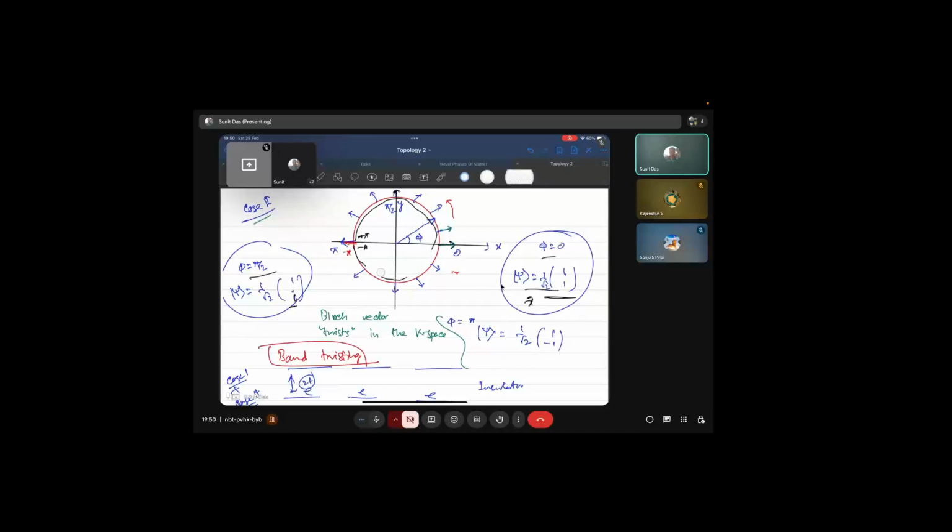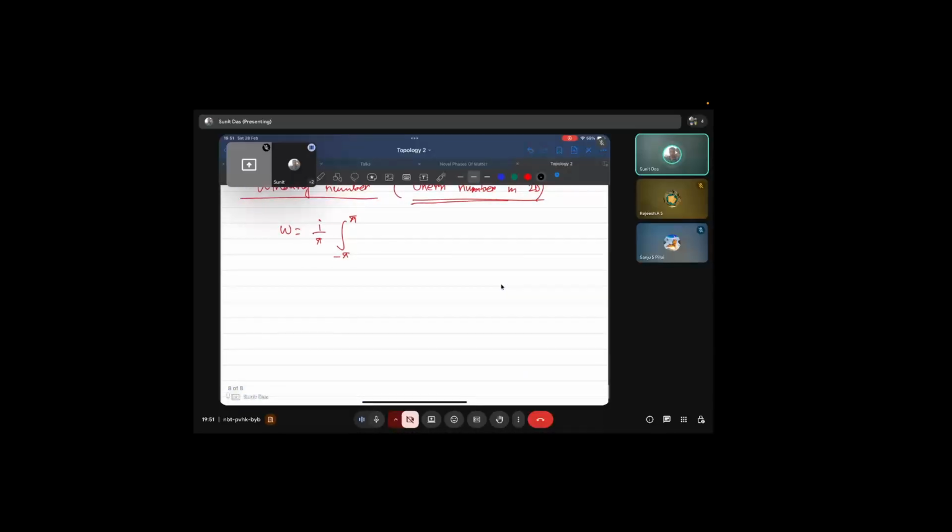So minus pi to pi means full periodicity. And let's say this was my state as a function of k, with del k, and this is 1D, so I don't need to put any vector, psi of k, dk.